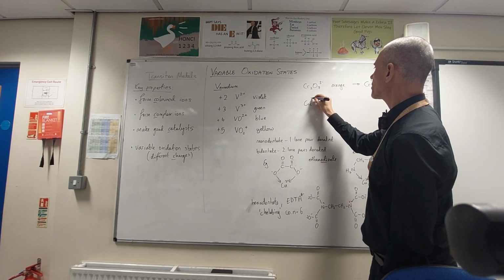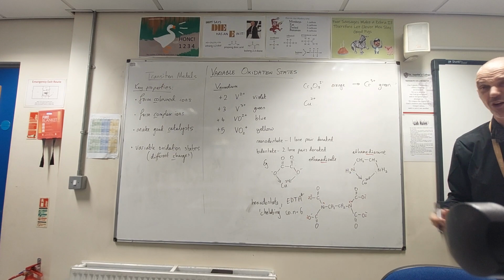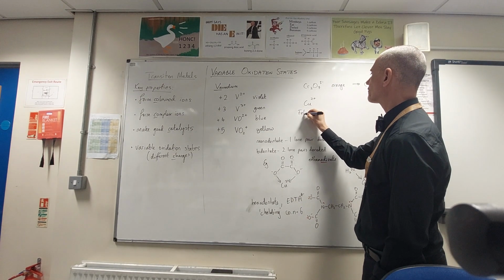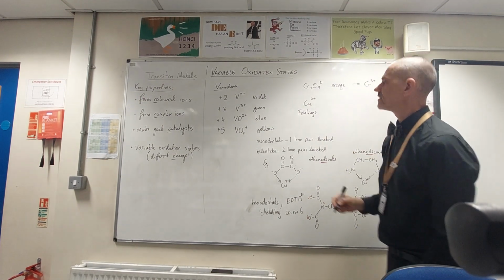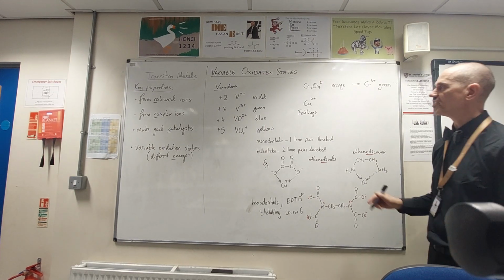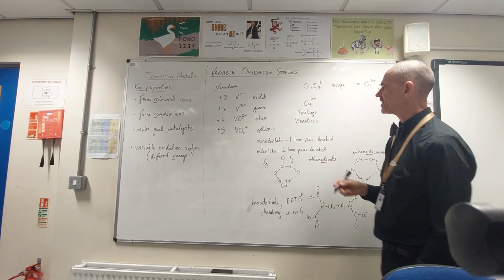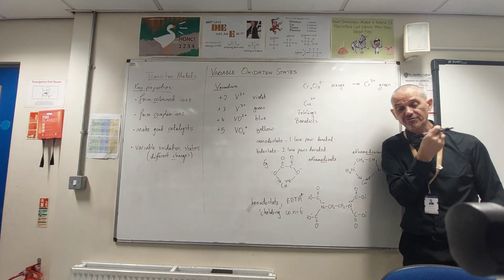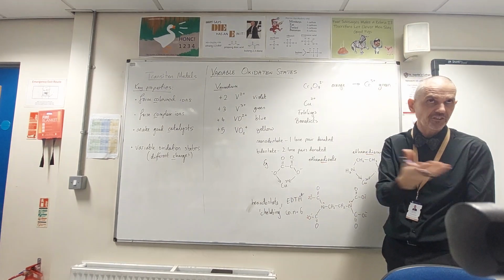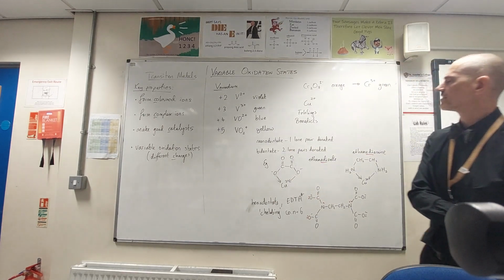Similarly, we use a solution of copper 2 plus. You'll know it as Fehlings or Benedict's, depending if you come from a chemistry or a biology direction. It's the same stuff. Benedict's detects reducing sugars, Fehlings detects aldehydes. Reducing sugars contain aldehydes, so that's why it's the same test.